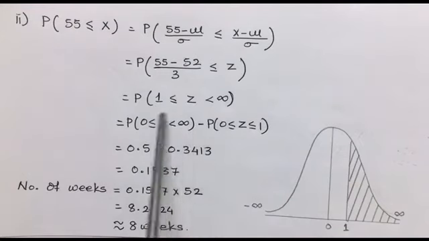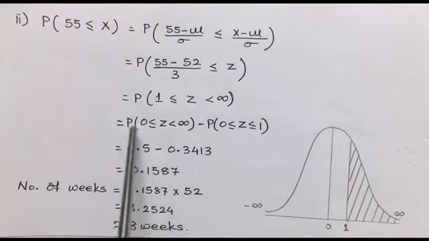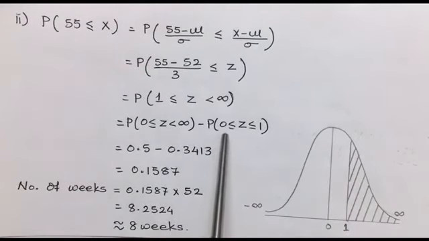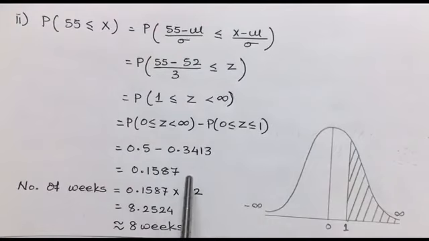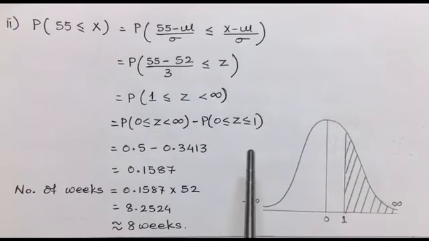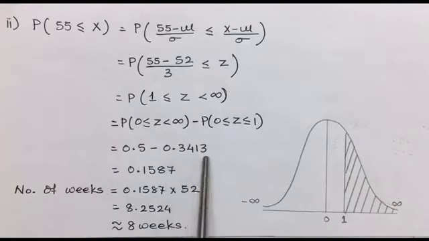Now breaking the probability from 0, the first probability will be written 0 to infinity minus 0 to 1. Now 0 to infinity probability is 0.5 and the probability of 1 is 0.3413, which can be seen from the table.